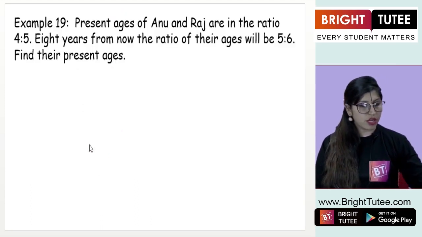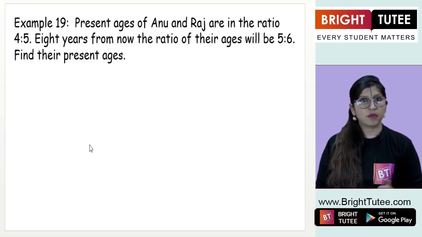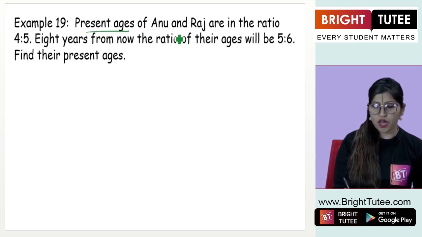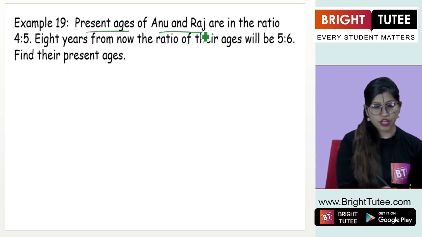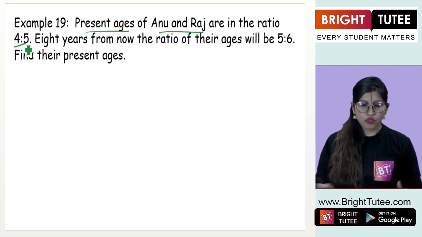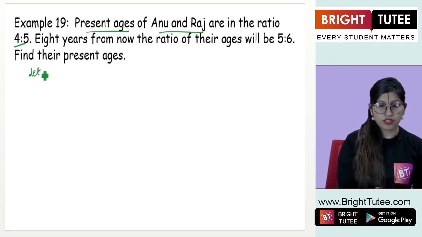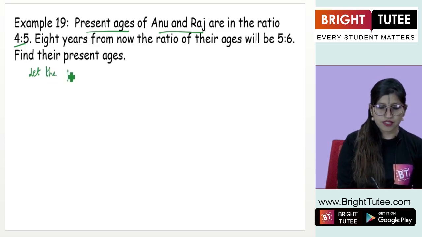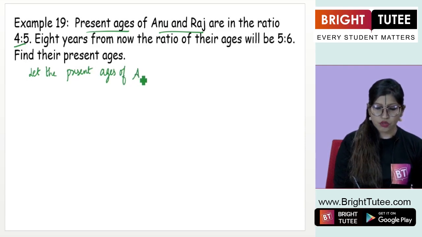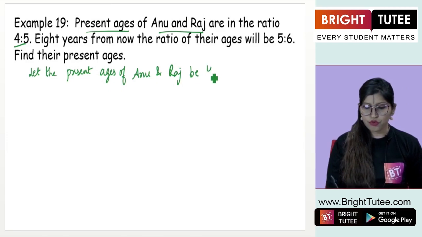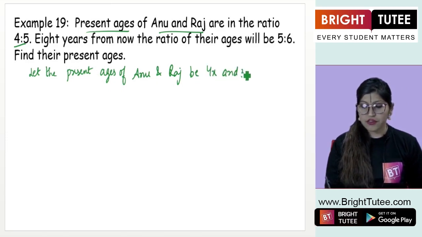Now let's move on to another example of this subtopic, and the word problem is: present ages of Anu and Raj are in the ratio 4:5. Whenever we get ratios, the first thing you do, as we've discussed in earlier videos and questions, is let the present ages of Anu and Raj be 4x and 5x respectively.